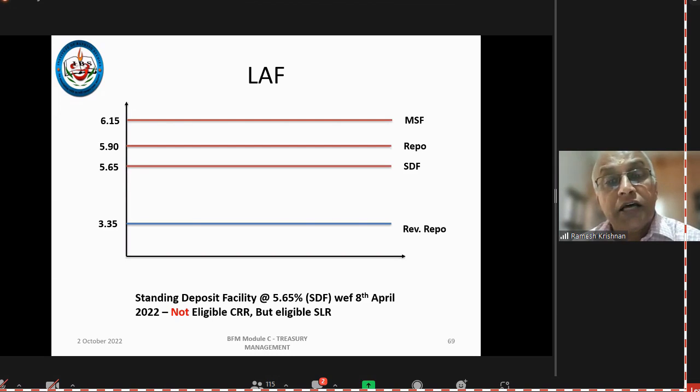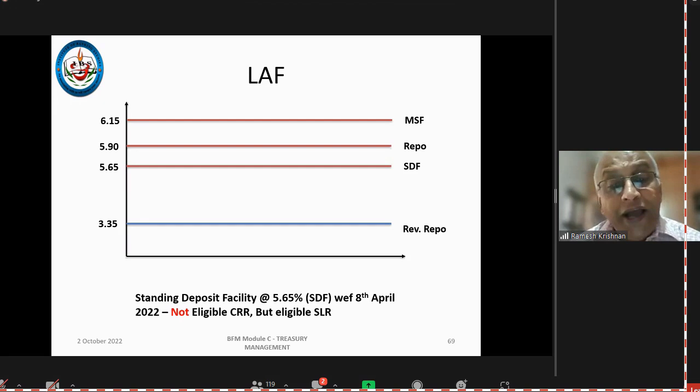Banks can park surplus money with RBI in an overnight deposit facility called Standing Deposit Facility. Today the rate is 5.65, that is 25 basis points below your repo rate. So essentially the liquidity injection rate is repo 5.90 and the liquidity absorption rate becomes 5.65; 3.35 becomes redundant.